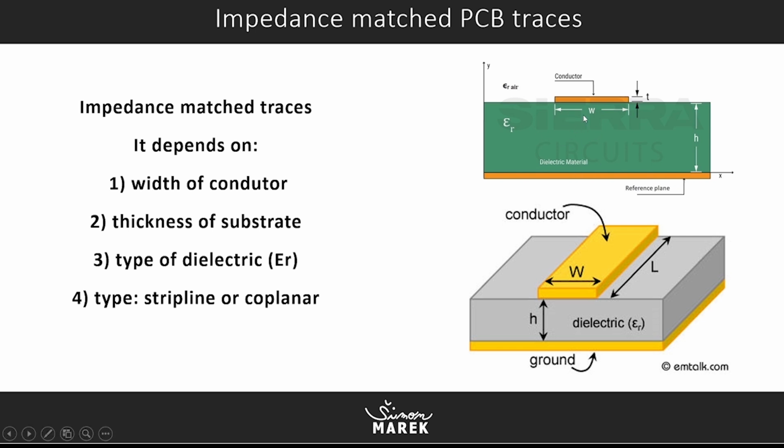So you have FR4 and ceramic substrates. There are different materials, and they would require a different thickness of substrate, and you need to choose either stripline or coplanar waveguide. So this is a very simple breakdown of how you make your impedance matched circuits.